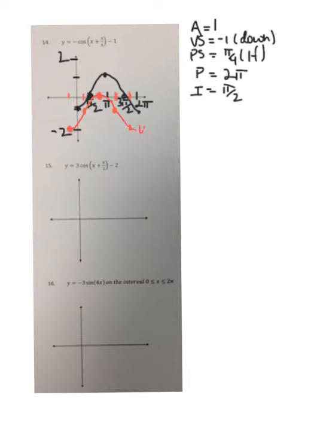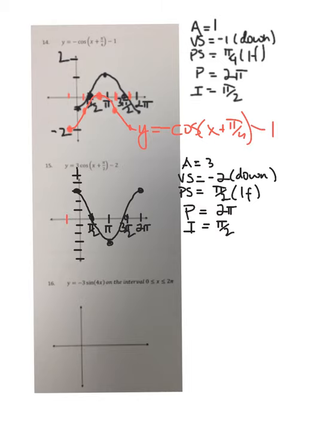And there's your graph of y equals negative cosine (x plus pi over 4) minus 1.